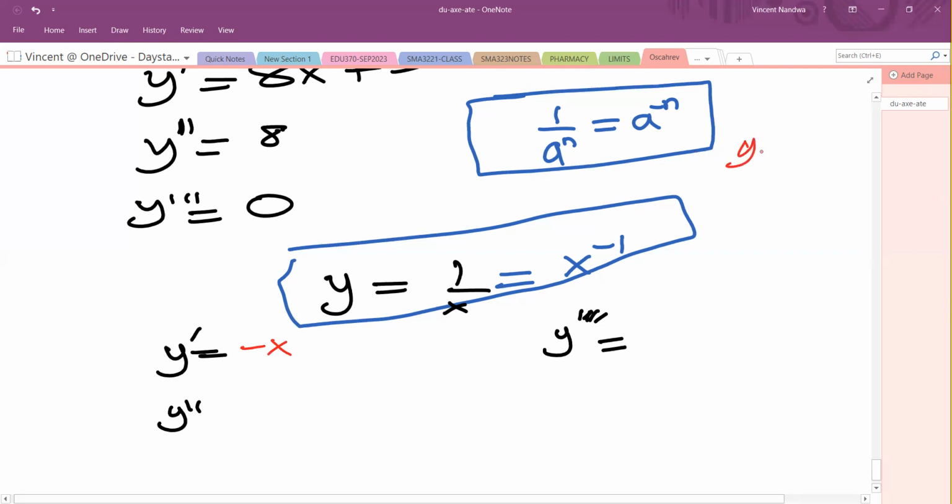If y is x power n, dy dx is n x power n minus 1.